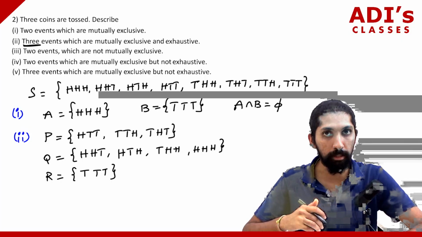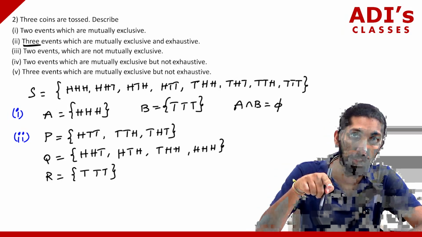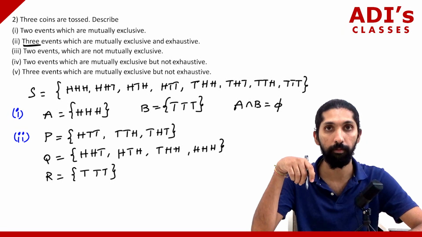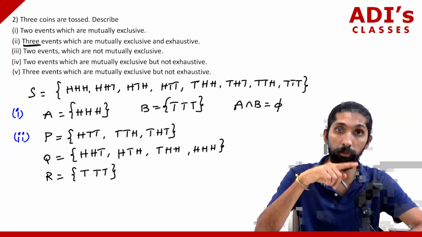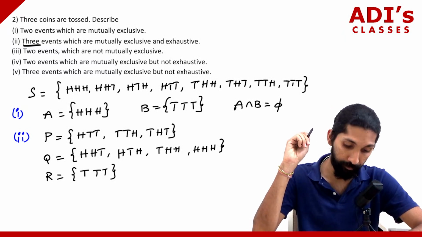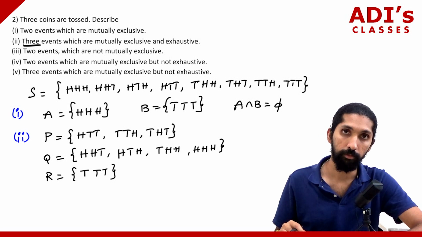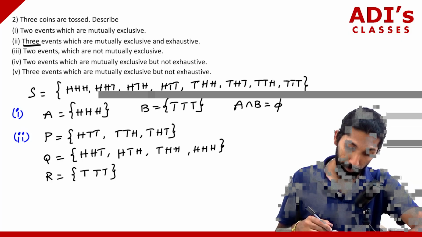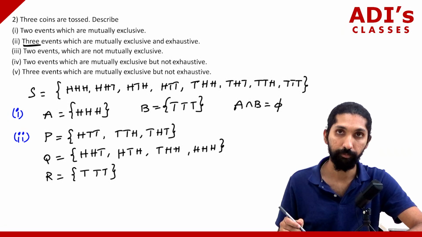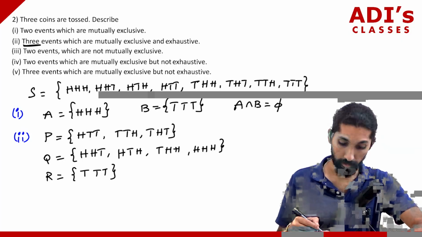Exhaustive part we can easily do because P union Q union R, it's going to give you the sample space S itself. Look into that P union Q union R. It's going to give us S. Right? Now what we'll do, we need to show that they are mutually exclusive. Right? So if you look at P intersection Q, look at the values.